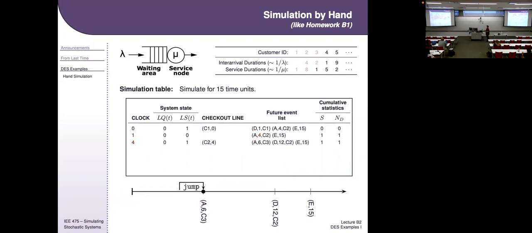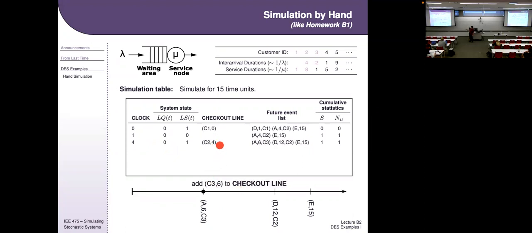So we jump to the next arrival. This is an arrival, but they arrived and the checkout line has already got someone in the server. So they don't get immediate access. So here's where the wait time or delay starts. This is the first customer that actually has to experience a delay. So we are going to increase the queue number by 1.